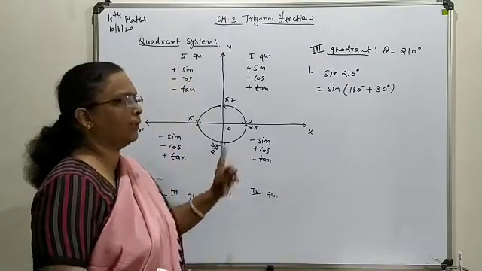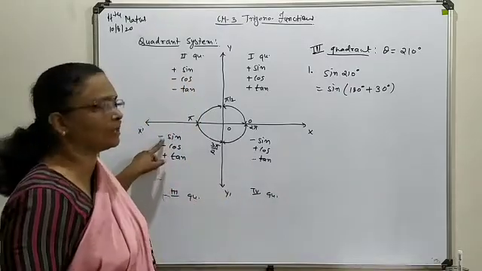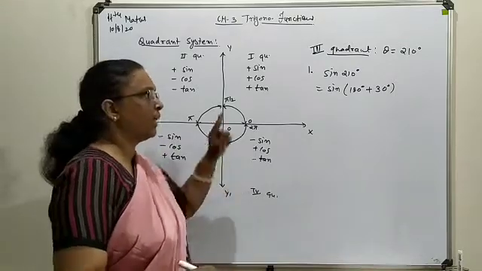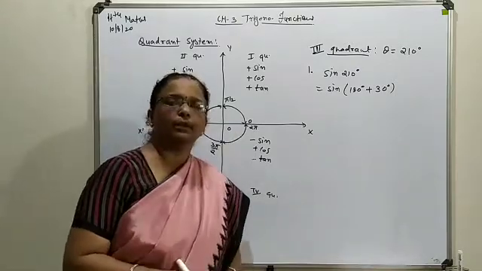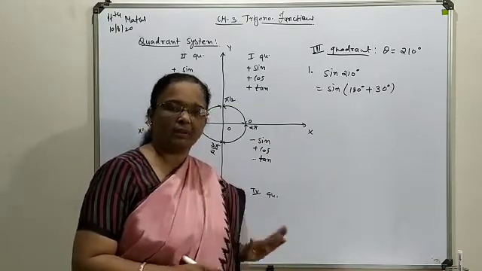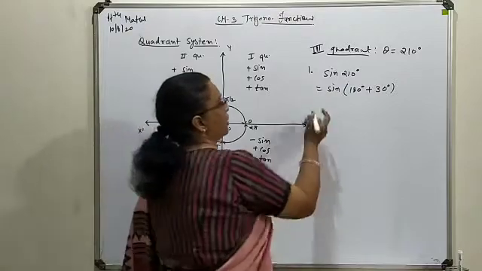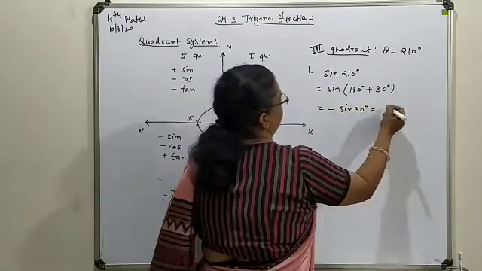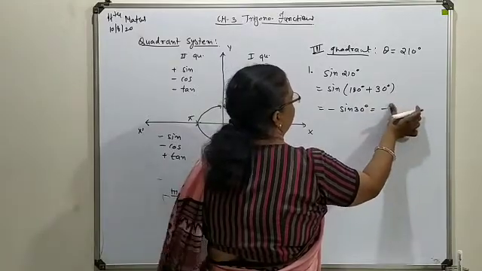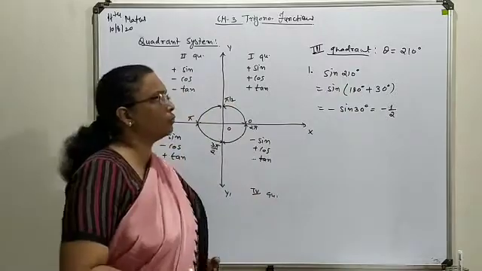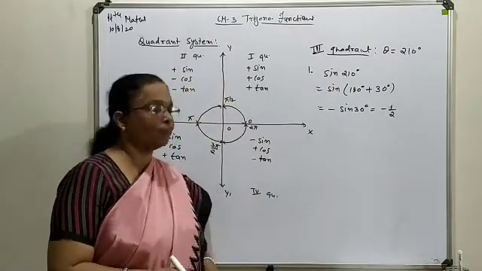Now for sine 180 plus theta, sine is negative in your third quadrant, so it will remain with the negative sign, and as you are dealing with a multiple of 180, your term is not going to change. It will remain sine only. So this will turn into minus sine 30. Sine 30 we can write in value form, that is 1 by 2. So this way the value of sine 210 is minus half.